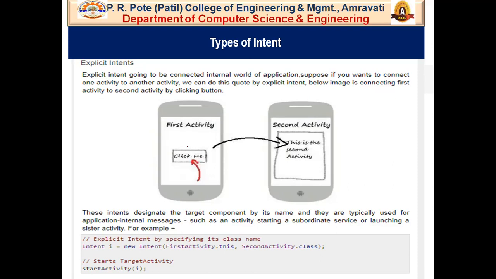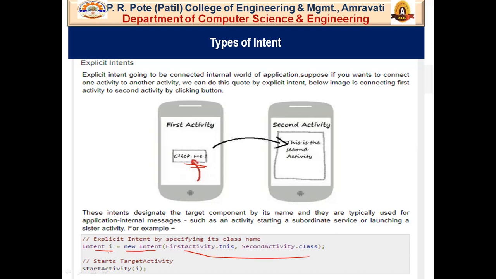So this is the image which is showing the explicit intent. That means by clicking on click me, we are automatically redirected to this second activity. So explicit intent, for which we know the entire details of the intent, we simply use the class and make the object and call the constructor, which has two arguments.